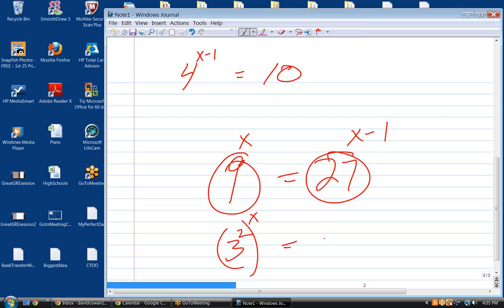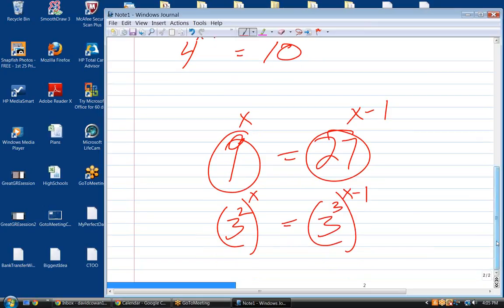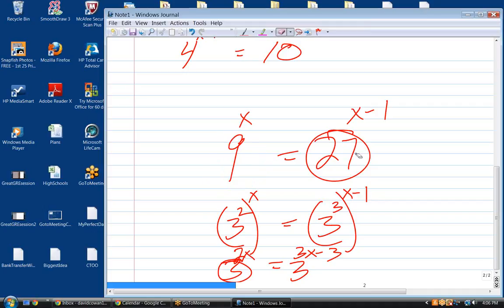I can let the 27 be 3 cubed to the x minus 1 power. I can then use my rules of exponents, make that, and make this. Now that I have 3 to an exponent equals 3 to a different exponent, I can equate the exponents and solve. X equals 3.